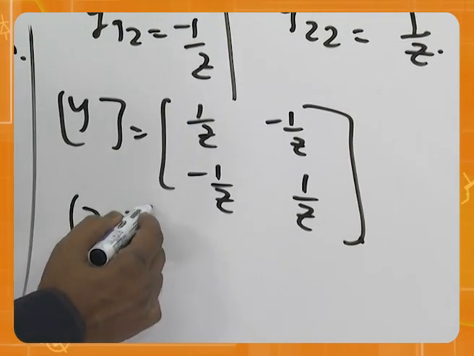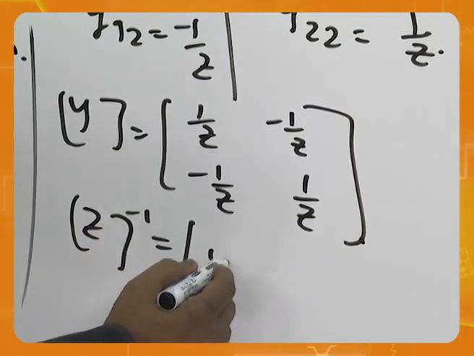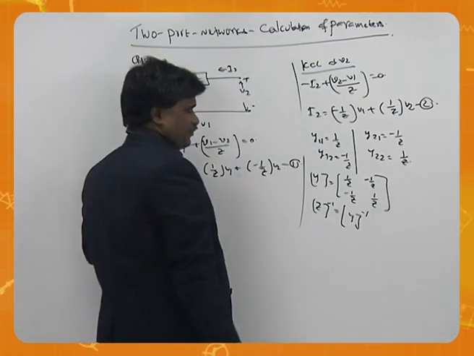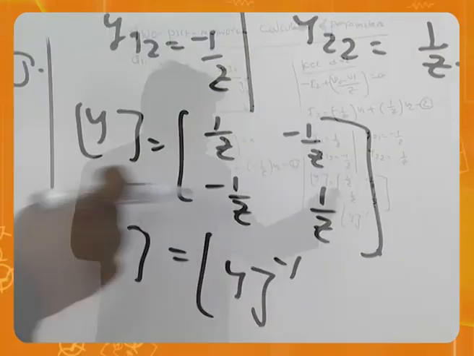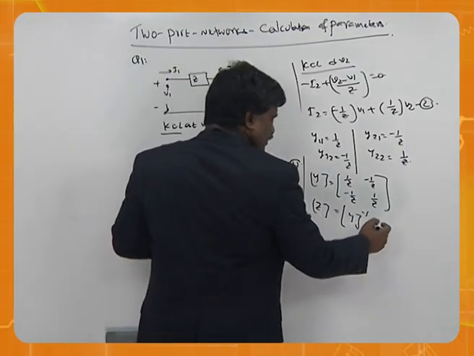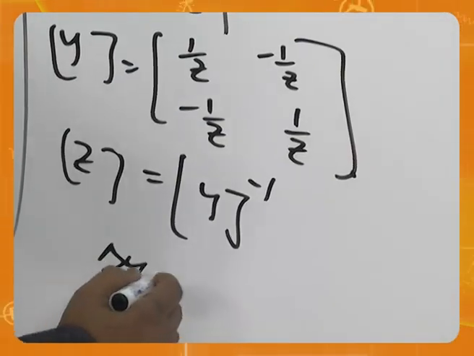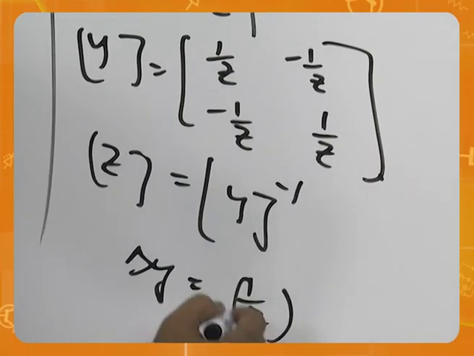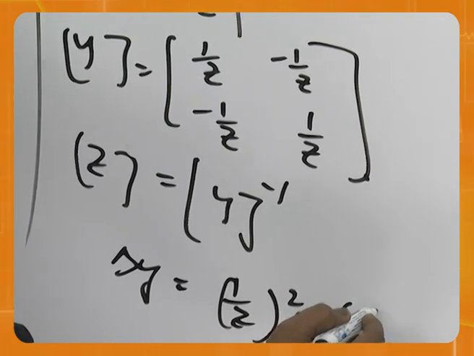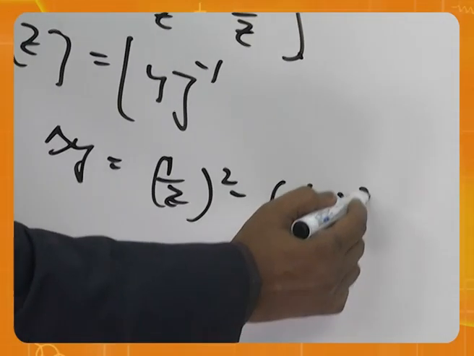If you want z parameters, the best answer is the inverse of y. Z parameters are generally the inverse of y. Now if you want the inverse of y, we need delta y. What is delta y here? (1 by Z) whole squared minus (1 by Z) whole squared.